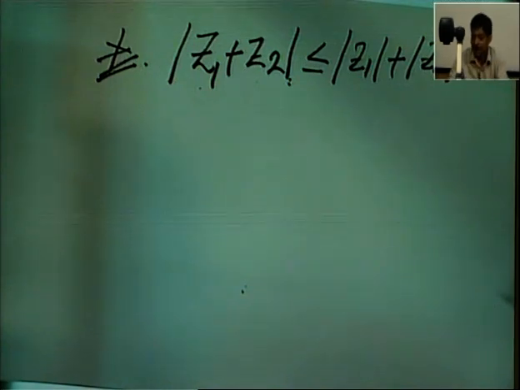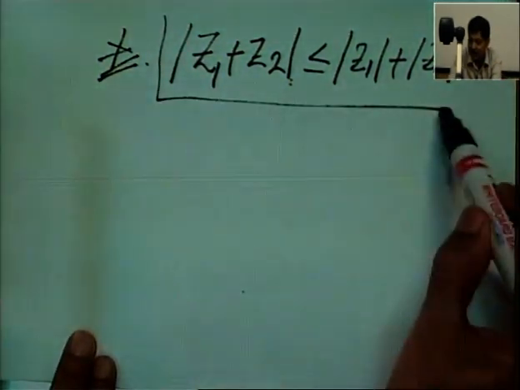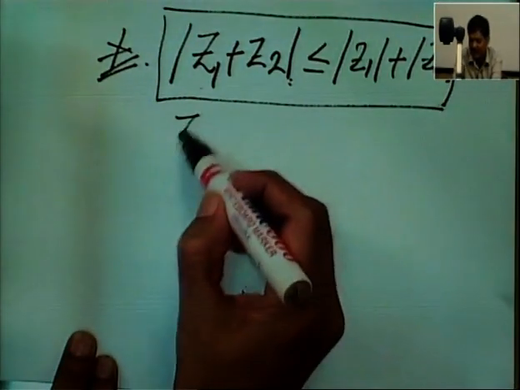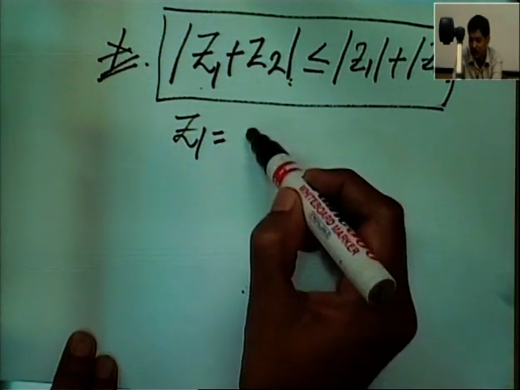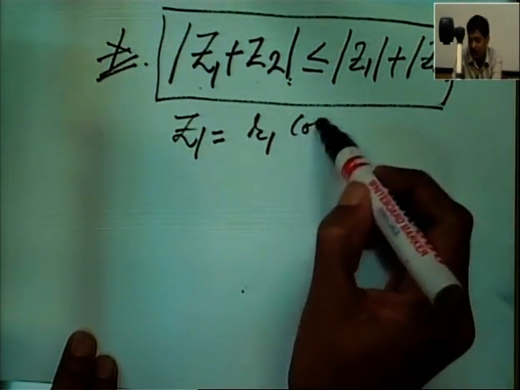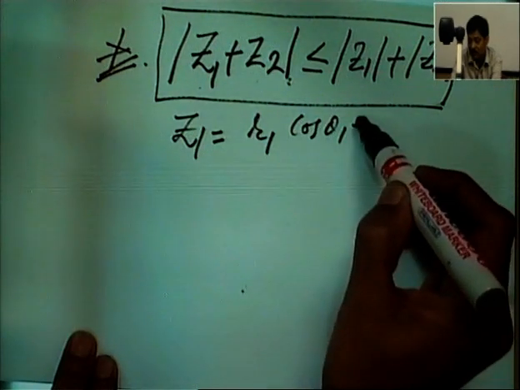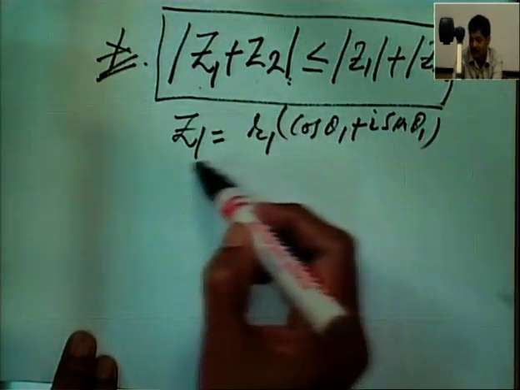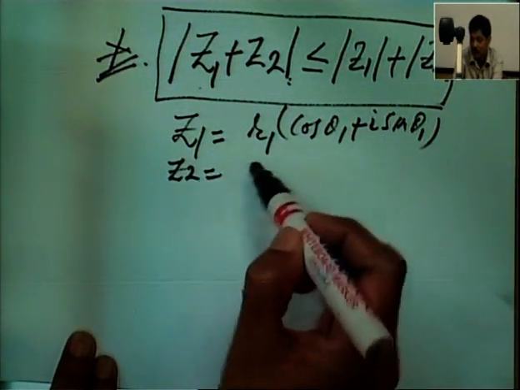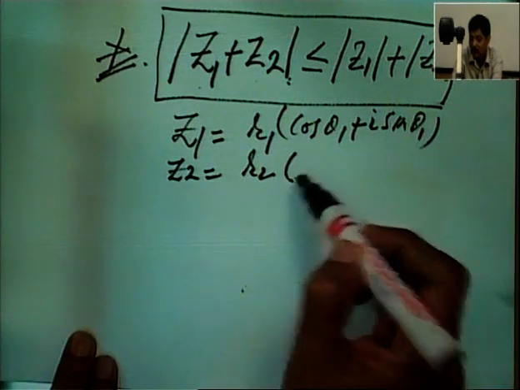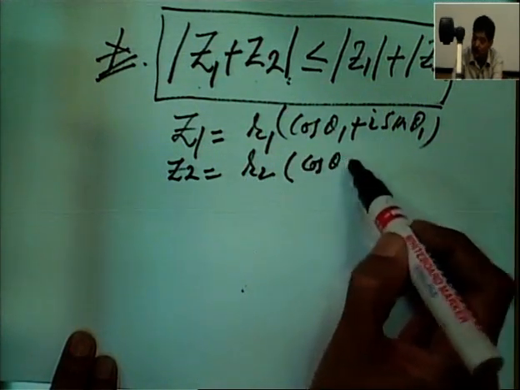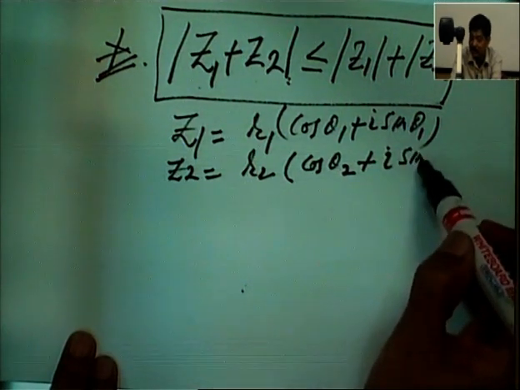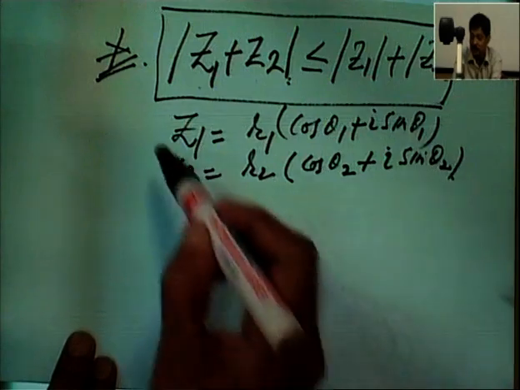So, z1 plus z2 is less than this, and let us consider z1 is equal to r1 cos theta 1 plus i sin theta 1, and take another number z2 is equal to r2 cos theta 2 plus i sin theta 2.